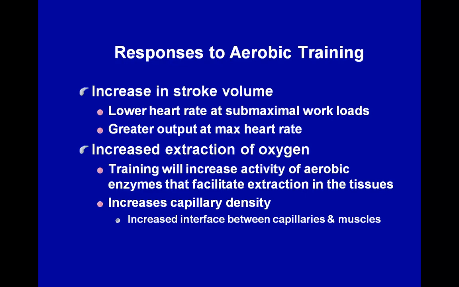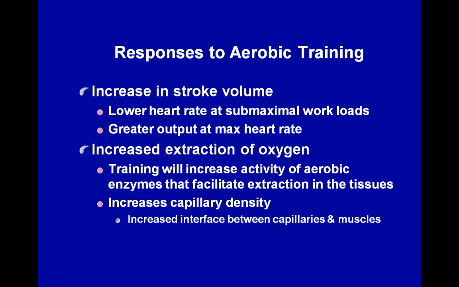I'm not only training my heart when I do aerobic training, I'm training my tissues. So if I ride an exercise bike, my quads are going to increase the aerobic capacity, the enzymes that are aerobically able to extract and utilize oxygen in my tissues at my mitochondrial level. I'm also going to increase my capillary density. I'm going to have more capillaries there, so there's a shorter distance between my capillaries and my exercising muscle.